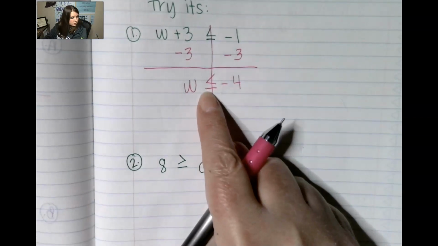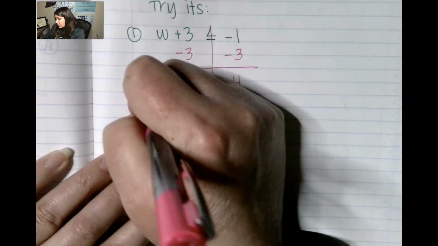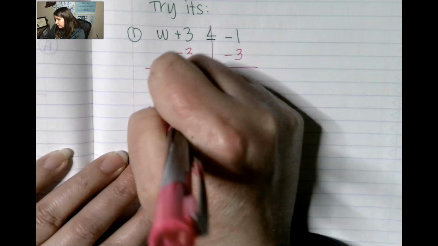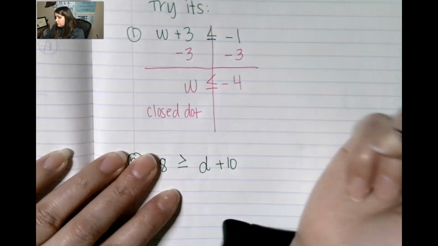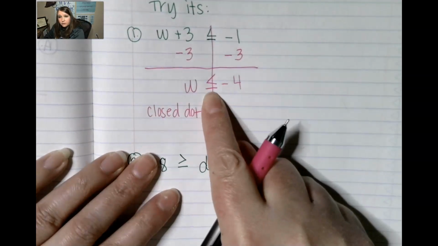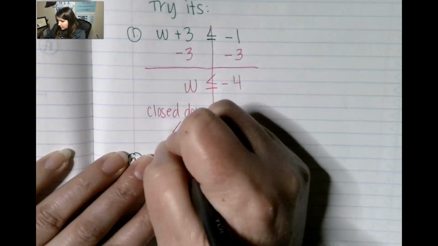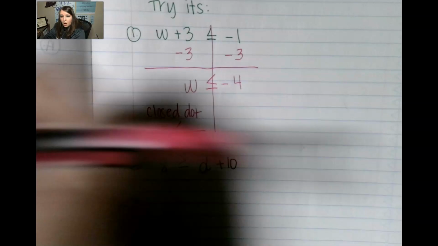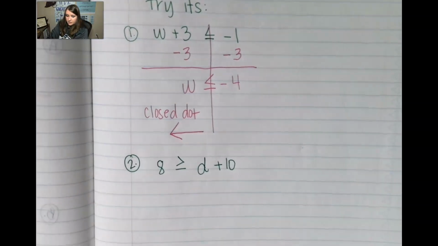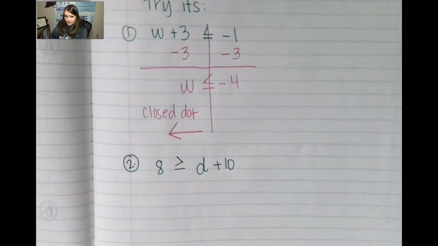This one is going to be a closed dot, because it has that line underneath it, so it says that it is equal to. And the arrow is pointing to all of those that are less than negative 4.